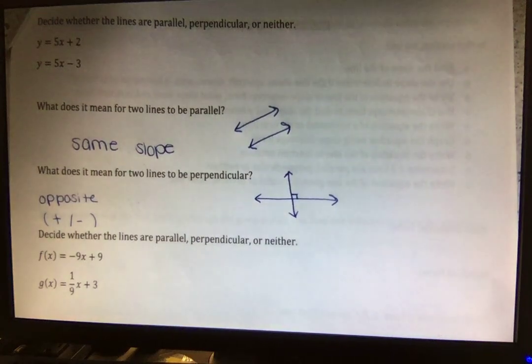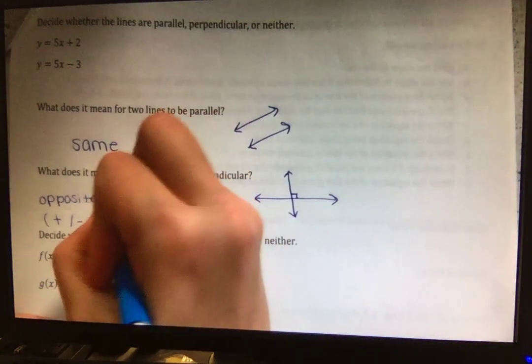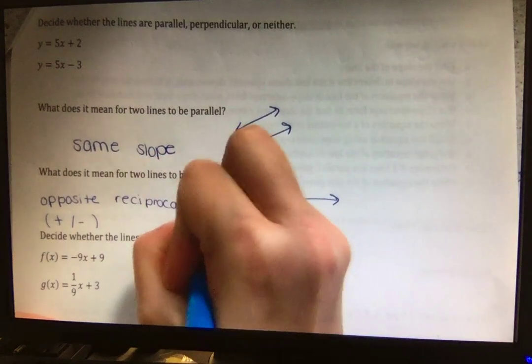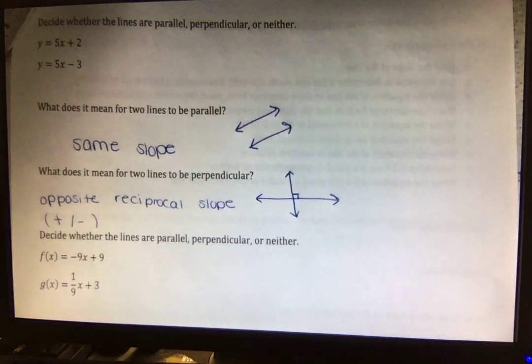What else? Something else must happen. Opposite reciprocal, good. Opposite reciprocal slopes. Reciprocal means you flip the fraction.